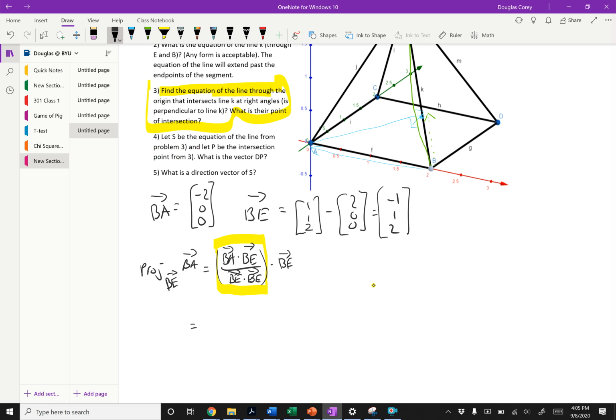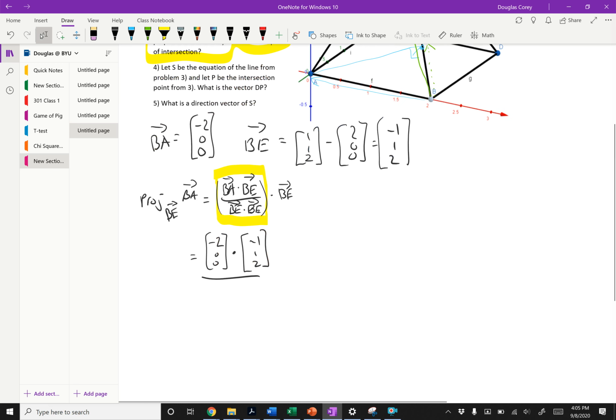BA is a minus 2, 0, 0, dotted with BE, which is a minus 1, 1, 2, and a minus 1, 1, 2 dotted with itself, multiplied by a minus 1, 1, 2.